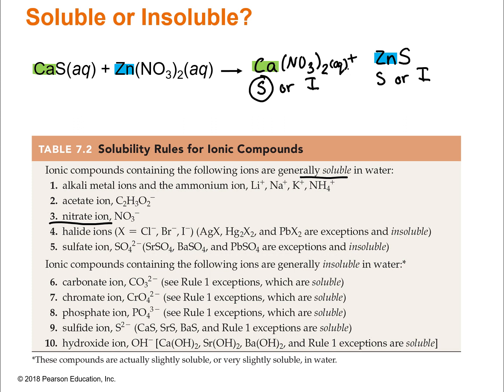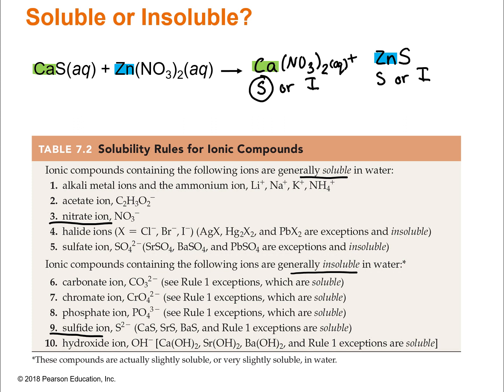Sulfides. That's rule 9. They are generally insoluble. Let me check my exceptions. Calcium, strontium, barium, and rule 1, which is ammonium, lithium, sodium, or potassium. None of those are zinc.